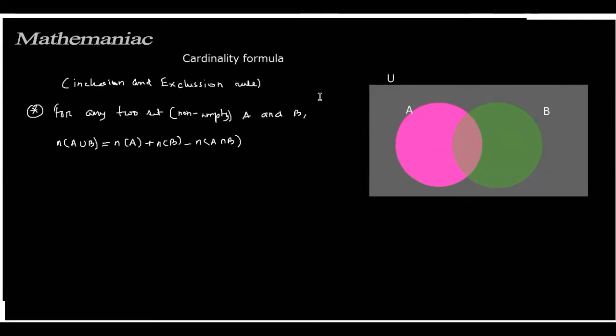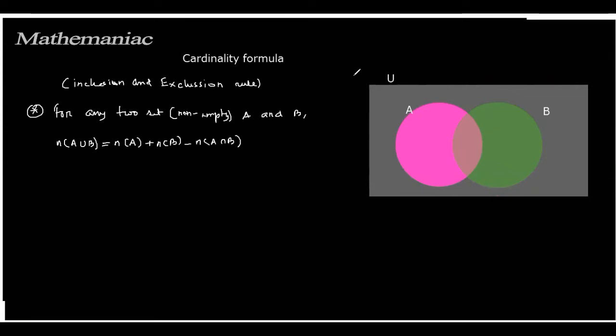We have set A, here you can see. This is the universal set boundary. This is the set A, this is the set B, and this is the common portion, which is A intersection B. Now, the moment we go for proving this, we'll go for some supposition.